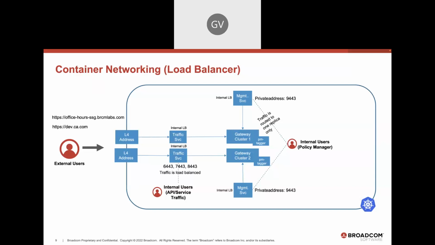In a lot of contexts, these layer 4 addresses are going to be internal only anyway. So whether you want to use an ingress controller or you want to use an L4 address directly is going to be much down to the way that your Kubernetes cluster is configured within your organization. The main thing is that you have the option of either using an ingress controller or going through a load balancer directly to your gateway clusters.